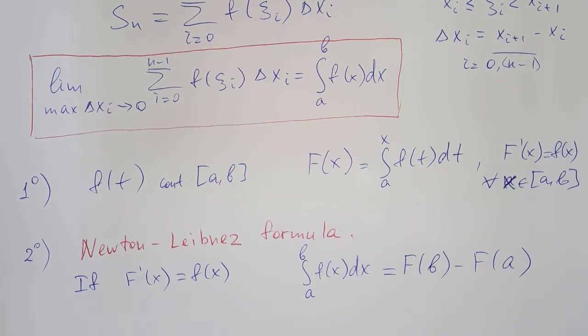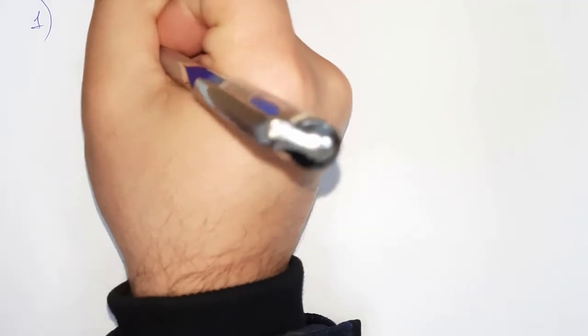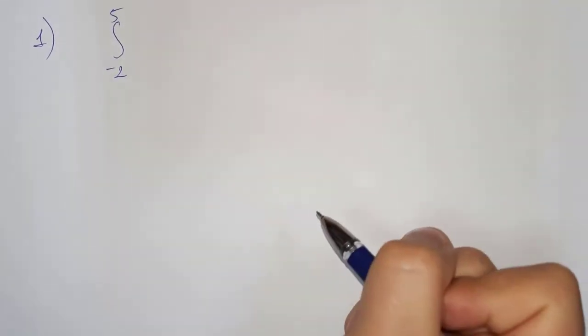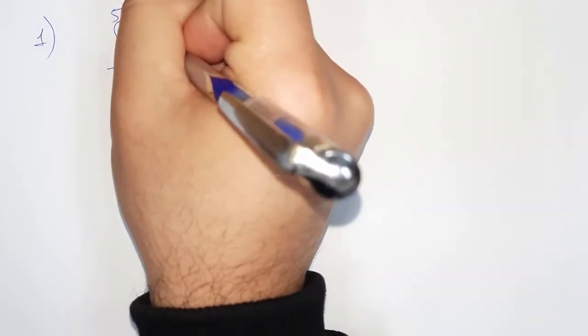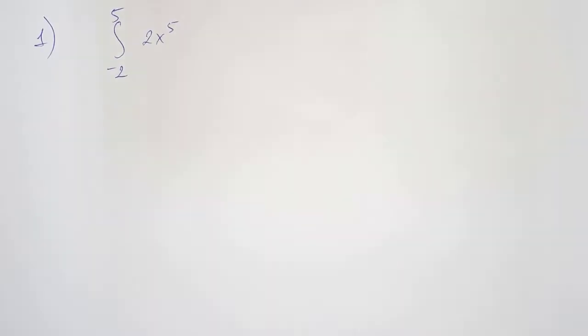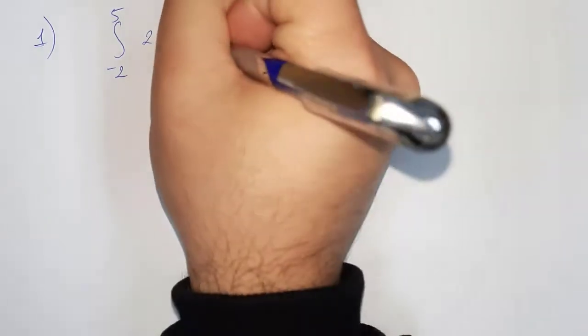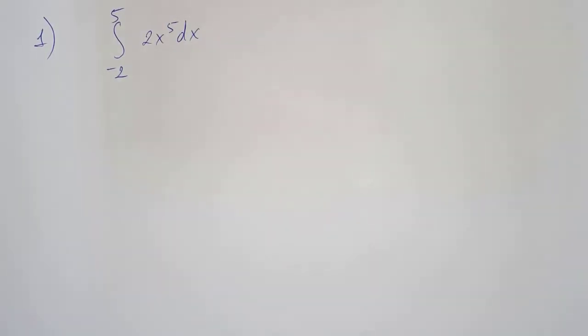And let's consider an example here. Find the integral from -2 to 5, for example, of 2x to the fifth degree dx. How to find this integral? By the Newton-Leibniz formula.